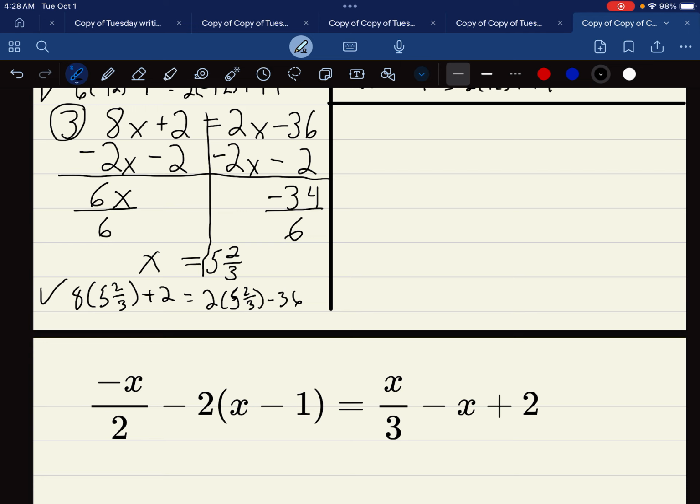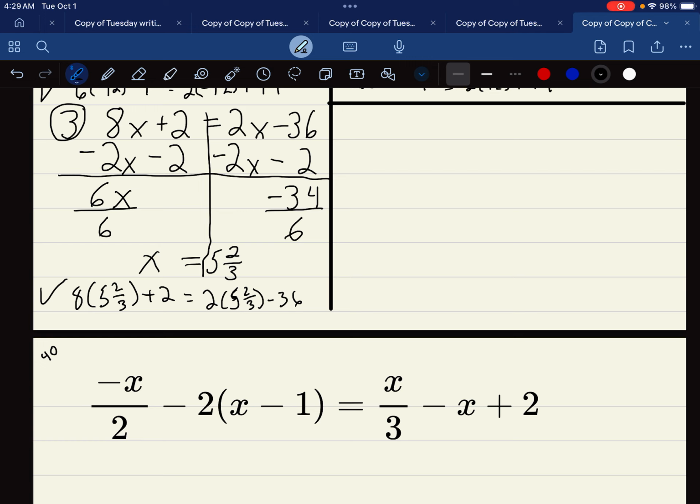So 8 times 5 is 40. And then 8 times 2 is 16. Do a little scratch work here. I'll erase it in a minute. Because y'all get to use your calculator, and my calculator in this recorder doesn't work.